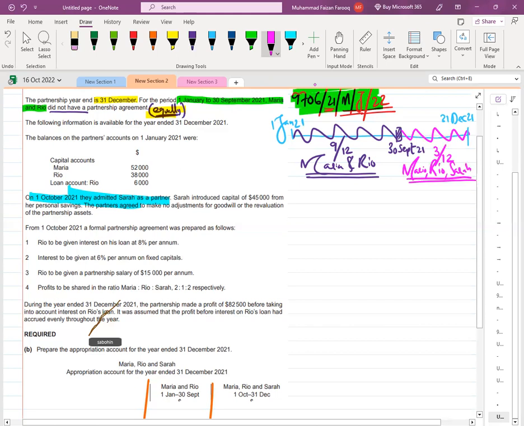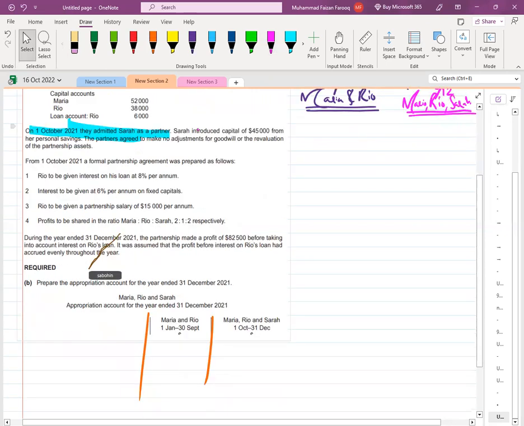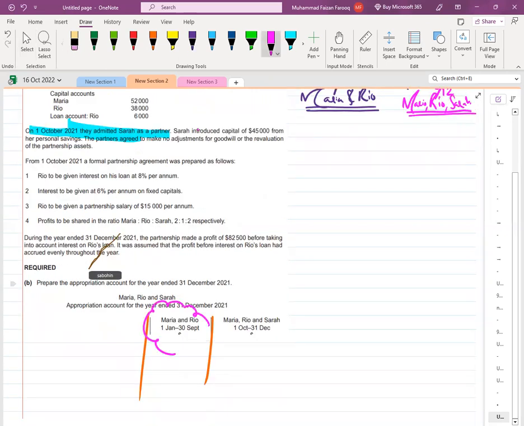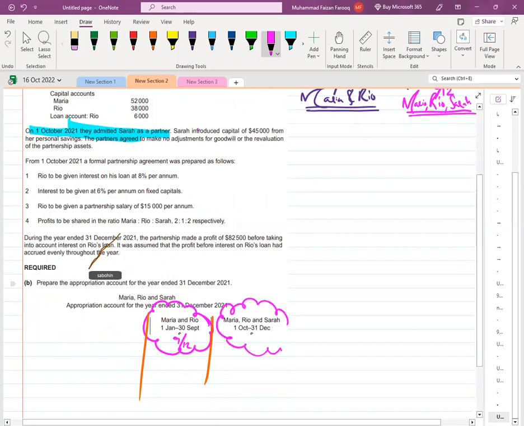So we have two portions. The first portion, Maria and Rio, is 9 months. The second portion, Maria, Rio, and Sarah as a new partner, is 3 months. The examiner asks for the appropriation account for both separately. So we will do that.